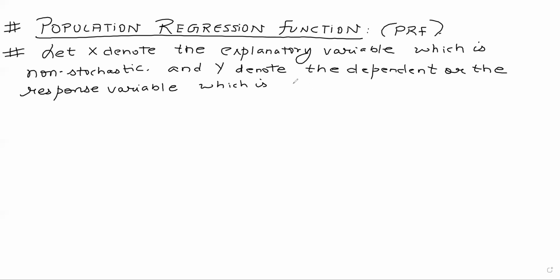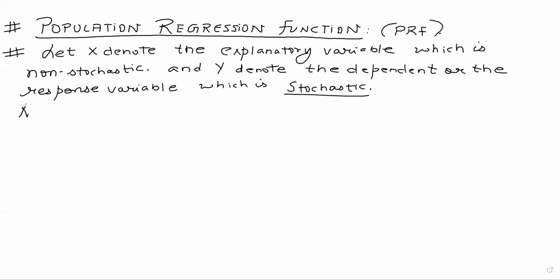This means that Y is a stochastic variable, meaning it has a probability distribution attached to it. When I say that Y is a stochastic random variable, it means it will take different values with different probabilities. However, when I say that X is a non-stochastic variable, it means it will take fixed values. There is no probability distribution attached to it.